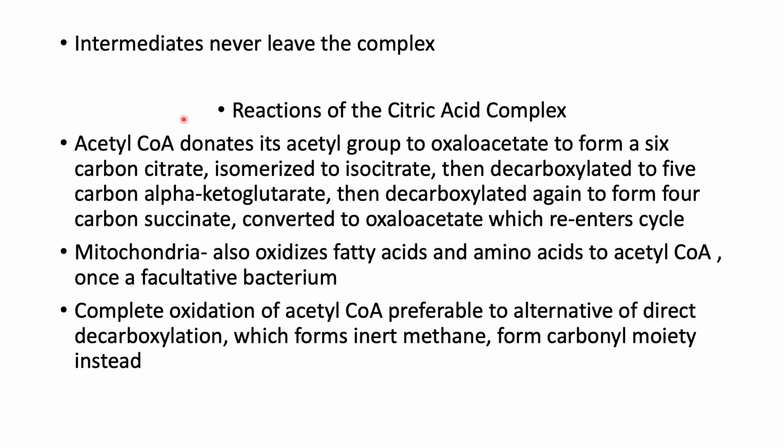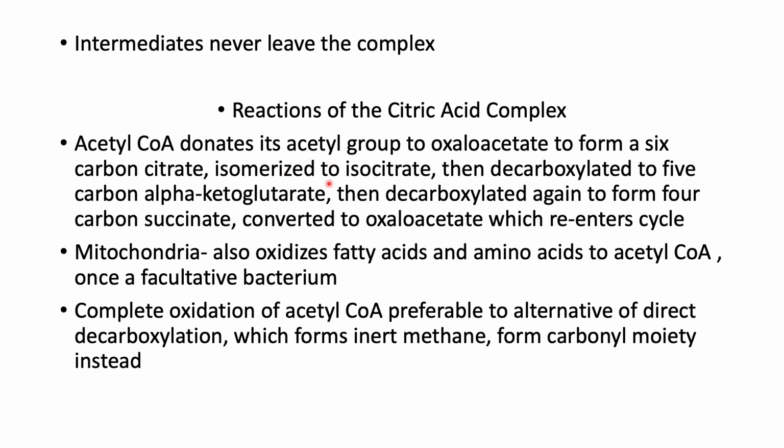Among the reactions of the citric acid cycle, the acetyl-CoA donates the acetyl group to oxaloacetate to form a 6-carbon citrate molecule that is isomerized to isocitrate and decarboxylated to a 5-carbon alpha-ketoglutarate. Then it is decarboxylated again to form 4-carbon succinate, then converted to oxaloacetate, which re-enters the cycle.